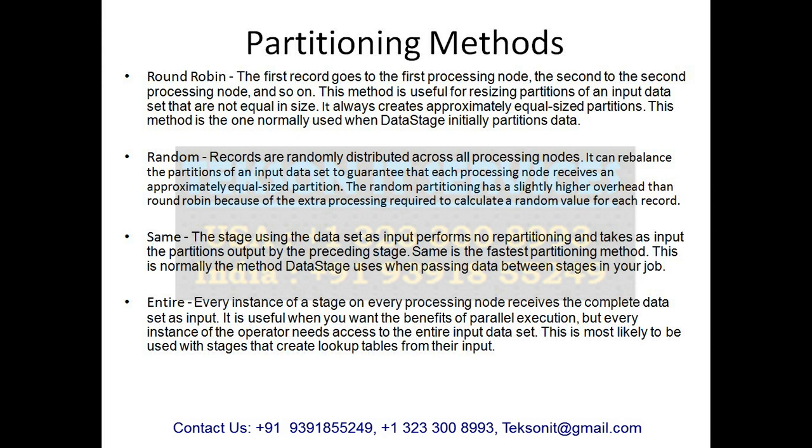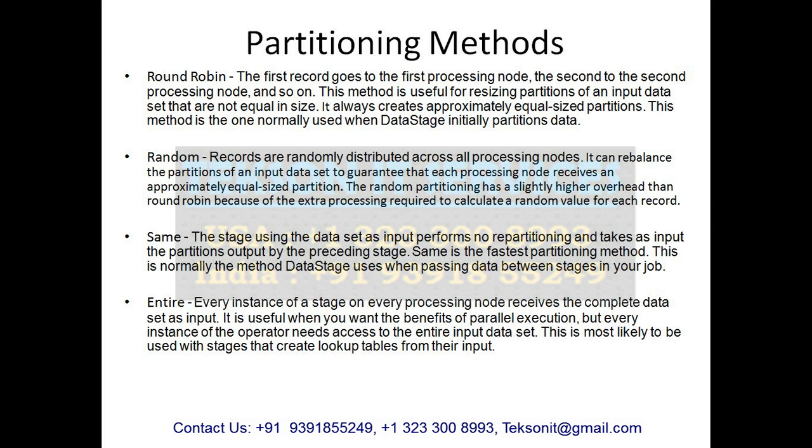So in random we use extra overhead to have an equisized partition. So you can say this partition is also equisized, but it has some overhead to calculate the random, extra processing.